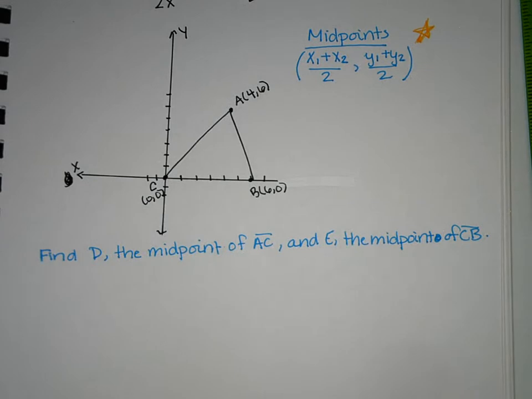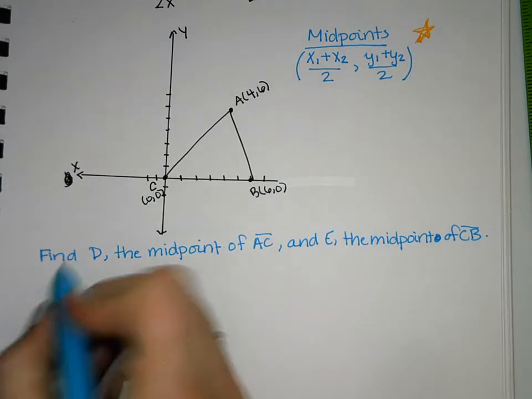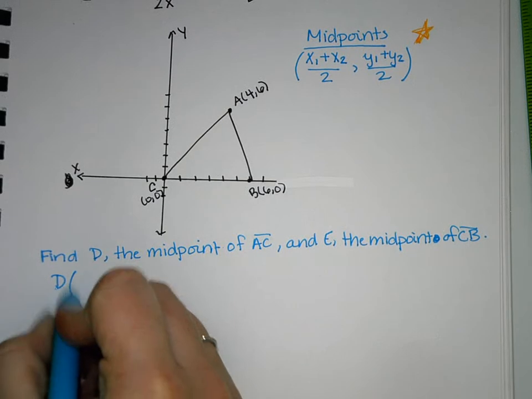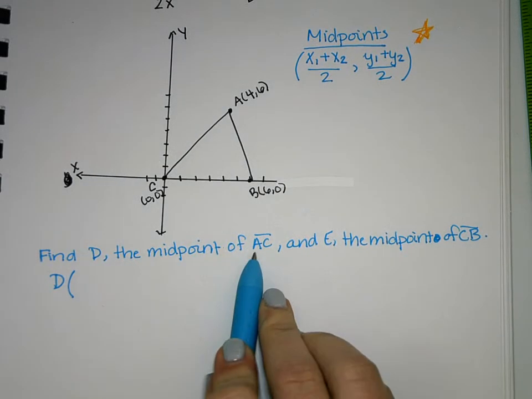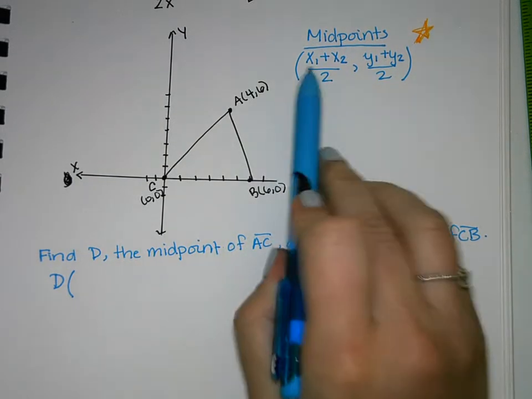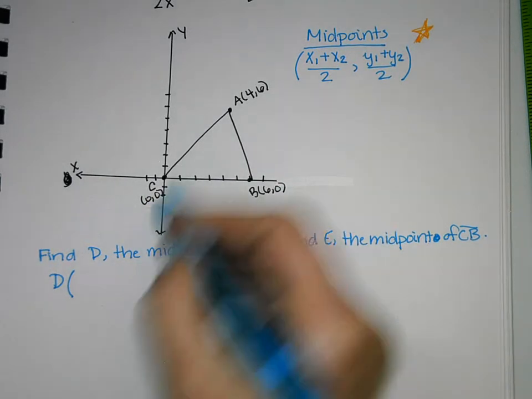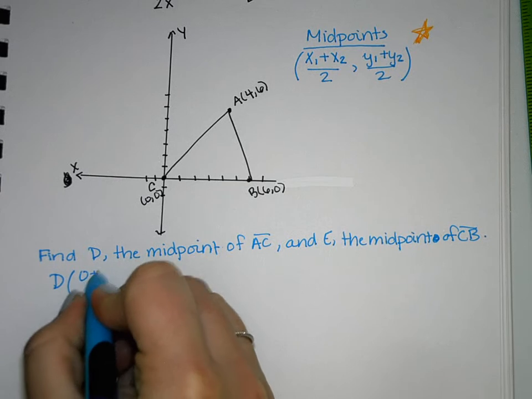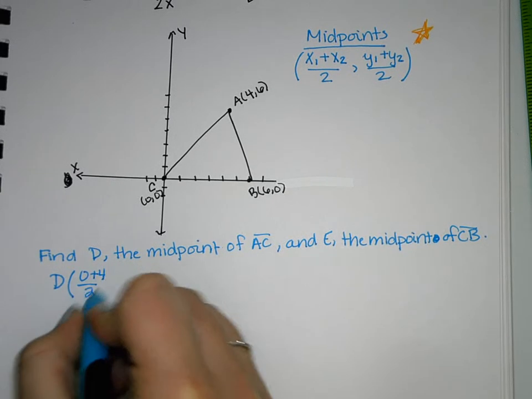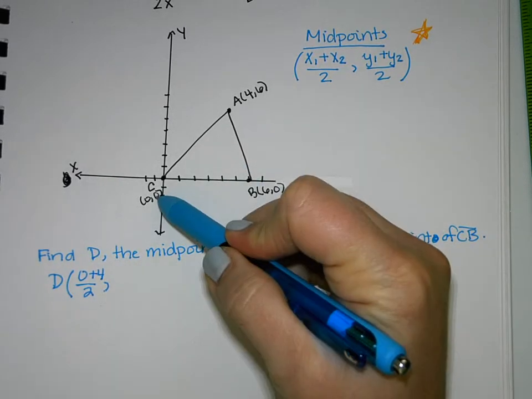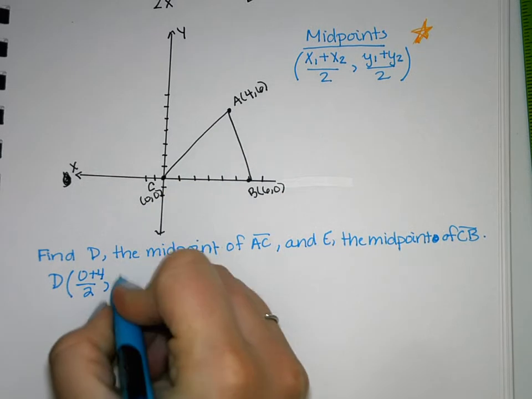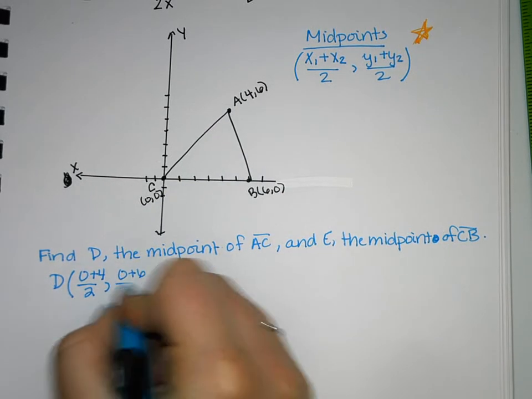So what we're going to do is we're going to look at the ordered pairs. So for D, we're going to use the ordered pairs for A and C. So I'm going to take the two x values from C and A, so 0 and 4, and add them together, divide by 2. Take the two y values, 0 and 6, add them together, divide by 2.